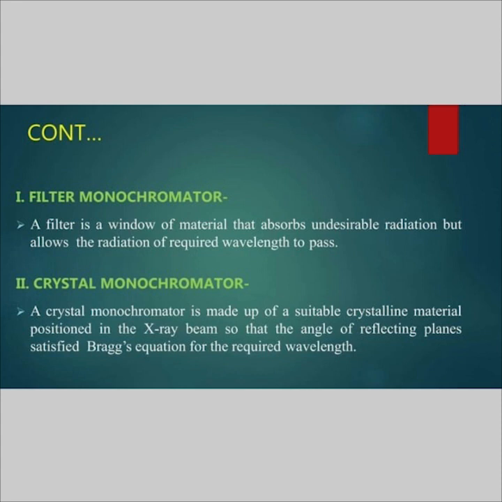A filter is a window of material that absorbs undesirable radiation but allows radiation of the required wavelength to pass. And the second one, the crystal monochromator, is made up of suitable crystalline materials positioned in the X-ray beam so that the angle of reflecting planes satisfies Bragg's equation for the required wavelength.